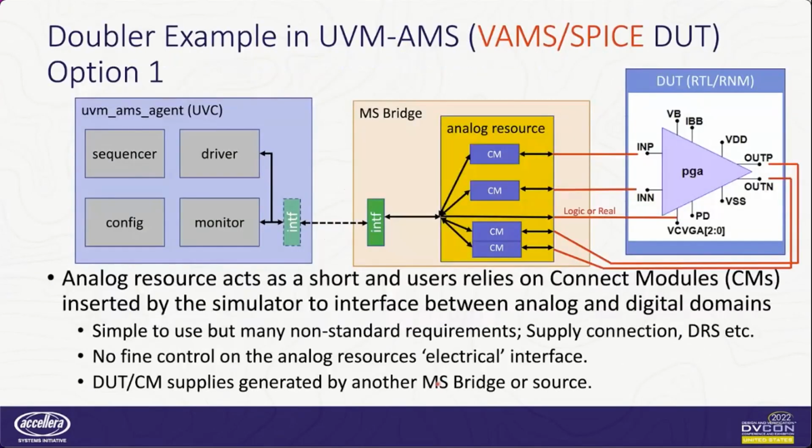So in that case, we can still drive the signal values through the interface because they're still just static type signals, but we need to convert them to something that's compatible with the electrical domain. So in this case, you would need to use a connect module, which is a Verilog AMS construct that supports both Verilog and analog within there.